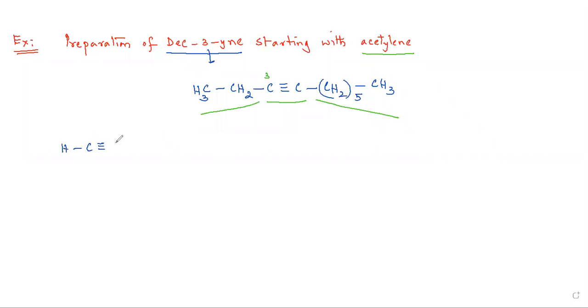Starting with acetylene, you can use sodium or lithium in liquid ammonia, or of course the regular sodium amide.